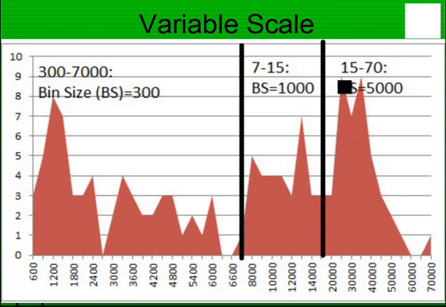This is the same picture as in the last graph, but I have marked out clearly how we have changed the bin size. So the first black line is up to the 7,000 mark, and the bin size is 300 here. Going from 7,000 to 15,000, the bin size is 1,000, and above that level every bin is 5,000.